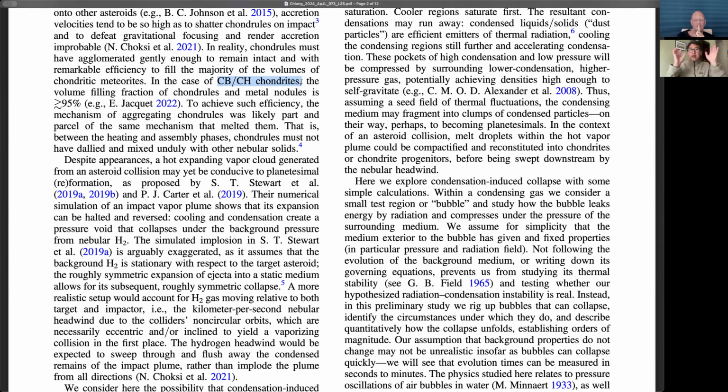But putting that aside, this paper is agnostic about that. All I'm interested in is a vapor. However you melted it, silicates and metal, and it's cooling now, on its way to condensing, forming melt droplets out of that vapor, these chondrules, and maybe also metal nodules, the kind you find in CB and CH chondrites.